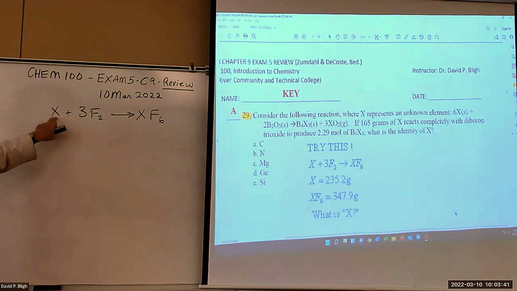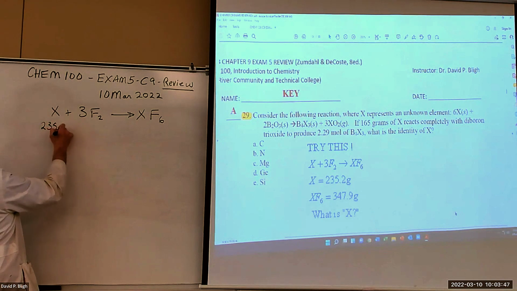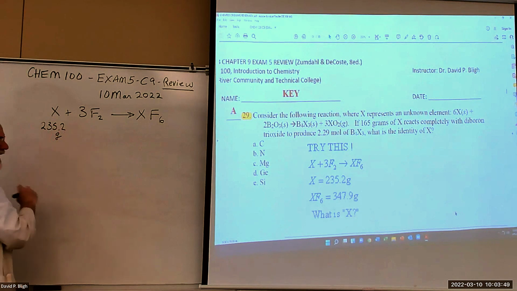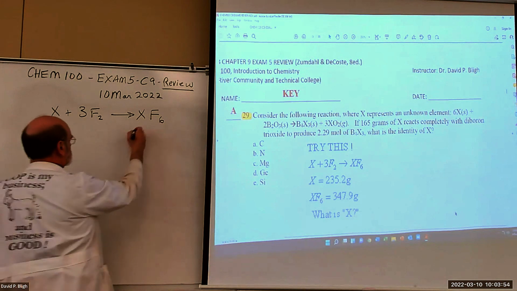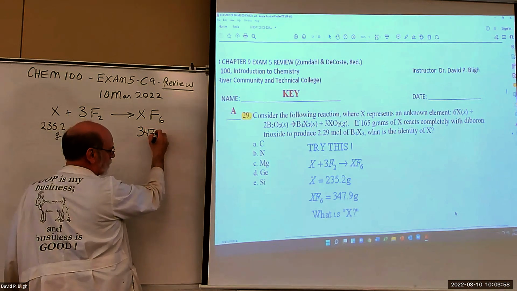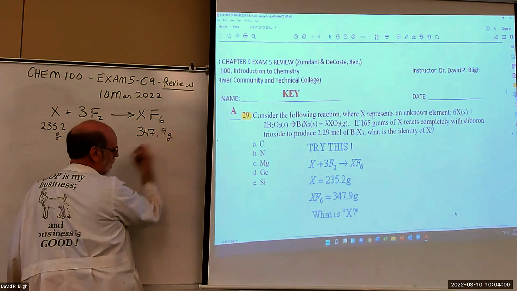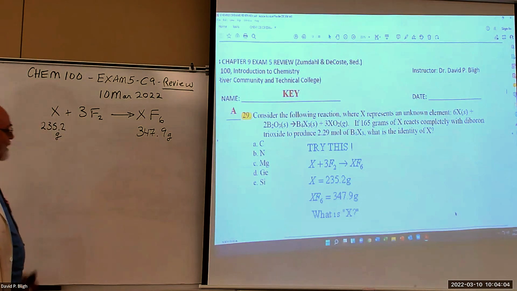We want to find out what this element is. So we got 235.2 grams of X produce 347.9 grams of XF6.